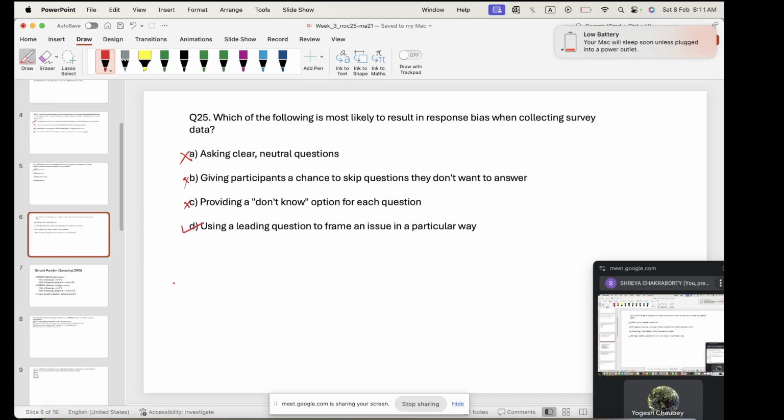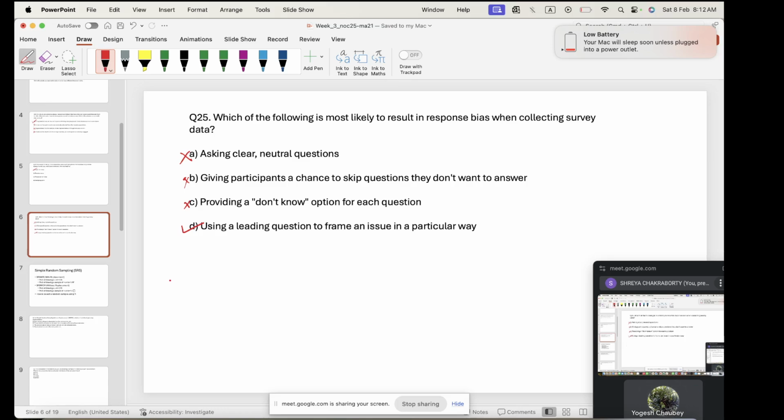for me, this is the correct answer. I would definitely be tricked into thinking what the interviewer thinks. The questions should be unbiased for my original opinion to come out. But if the question itself is framed in a certain way and it's a little colored towards a certain angle, I would be tricked or more inclined to answer in a particular way.